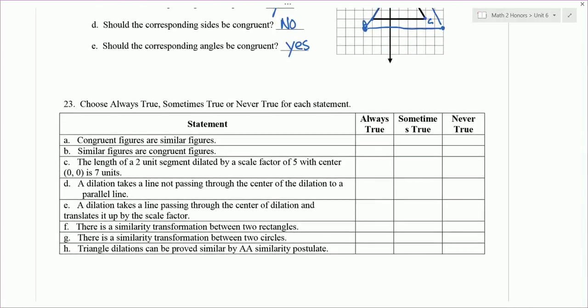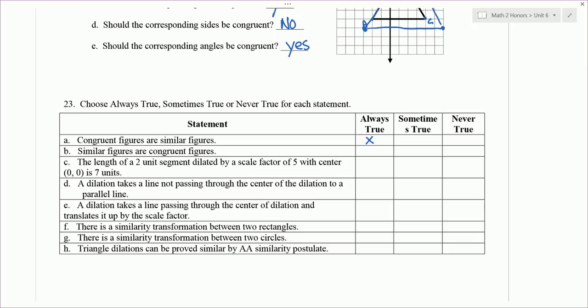Number 23, choose always true, sometimes true, or never true for each statement. Congruent figures are similar. It's always true because by definition of similarity, something is similar if it has all angles congruent. That's true in congruent figures. And similar figures have proportional sides, and that's true in congruent figures.